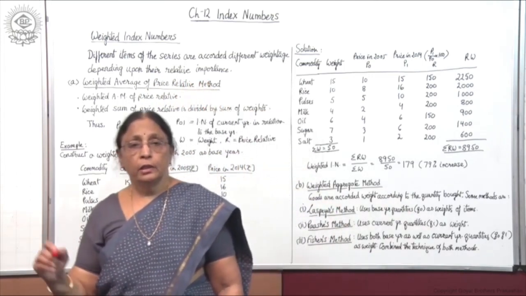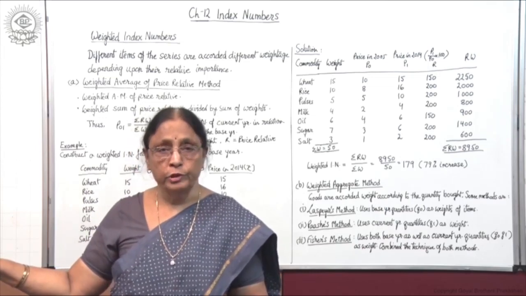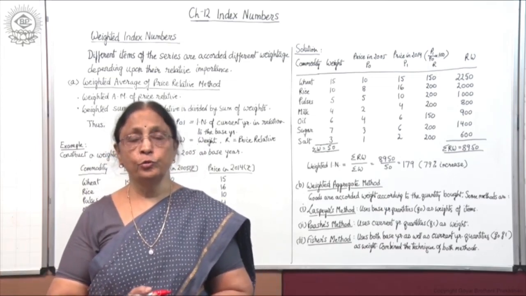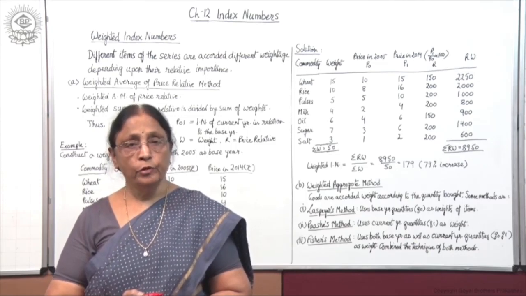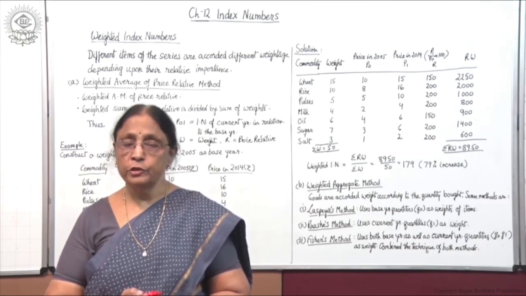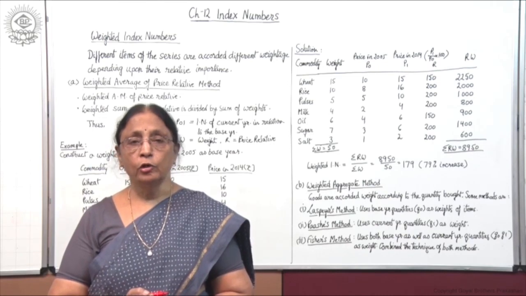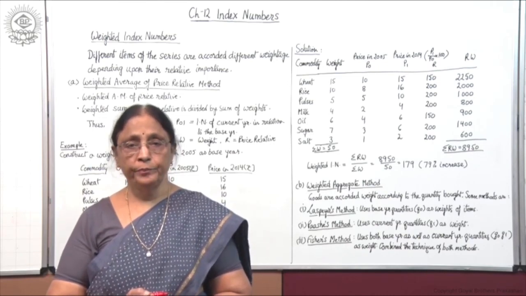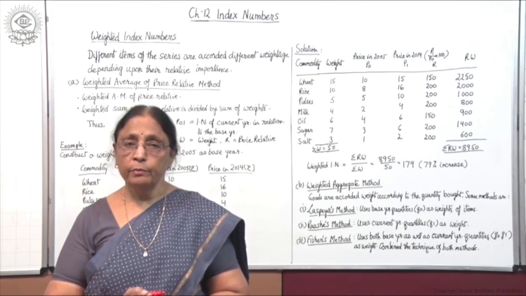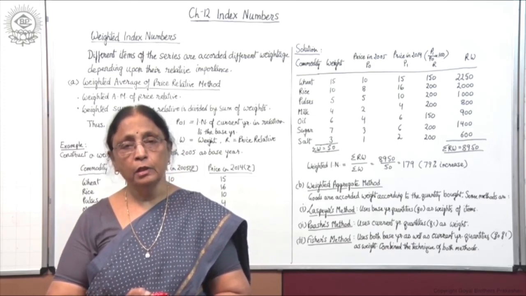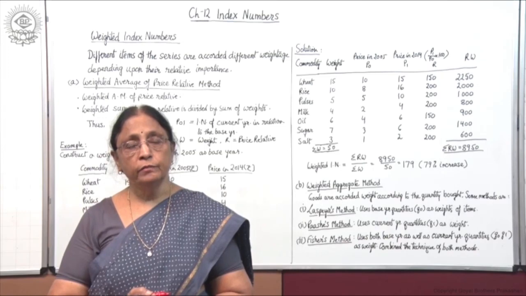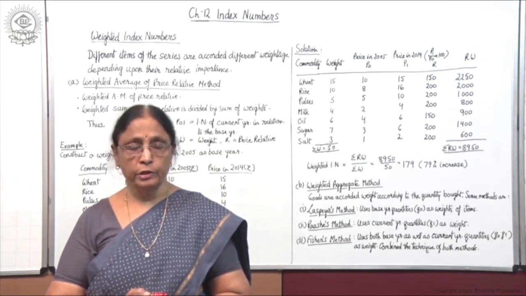Right? Now, we consume a variety of goods. Different items are being consumed by the consumers. And all the commodities or the goods that we consume are not of equal importance to us. Some goods are very important and some are less important. For example, wheat we consider a very important product.